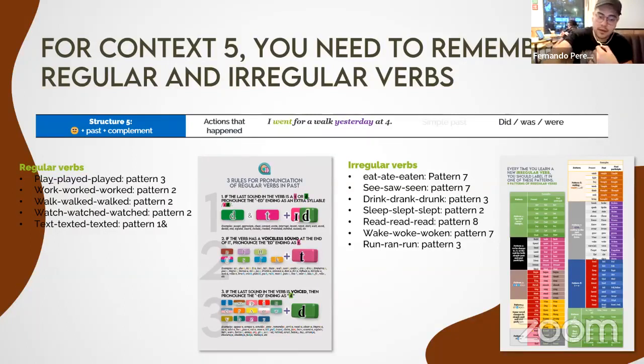In a nutshell. Okay, this is slide 34. Translation.